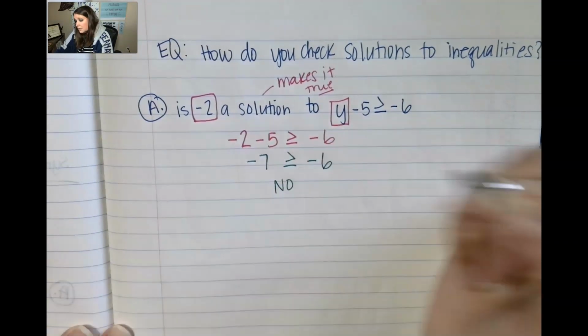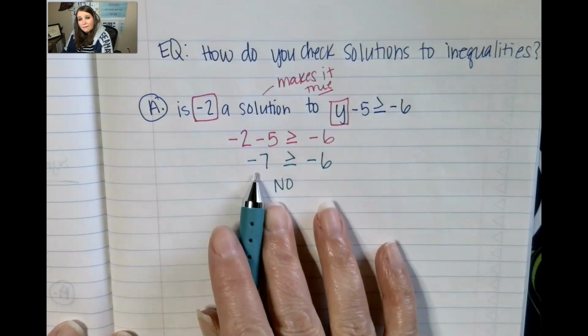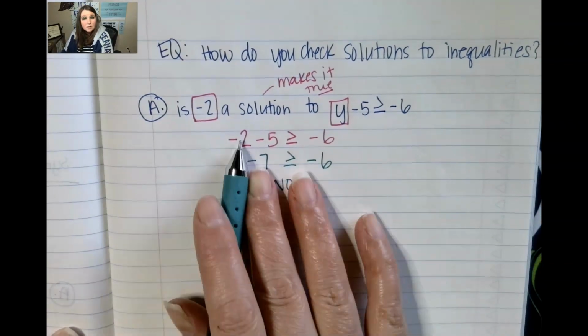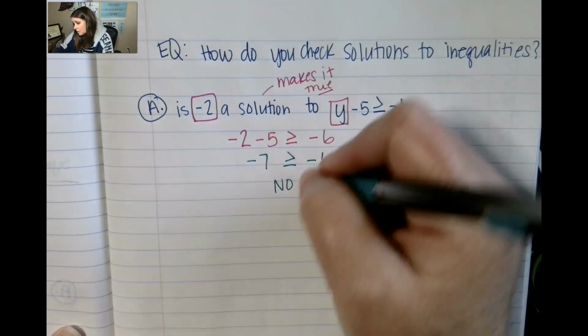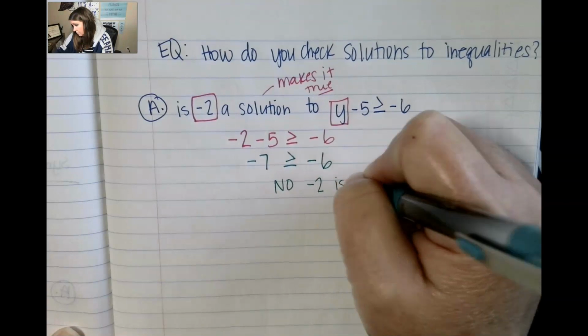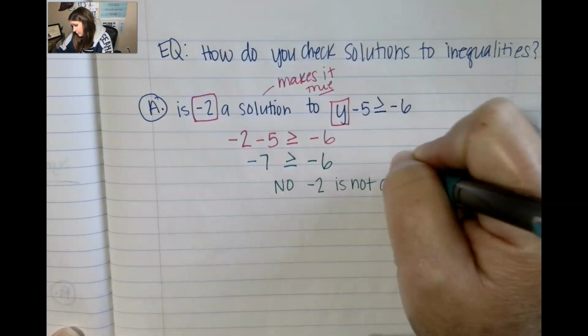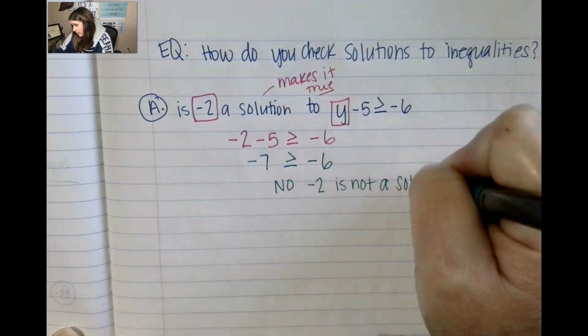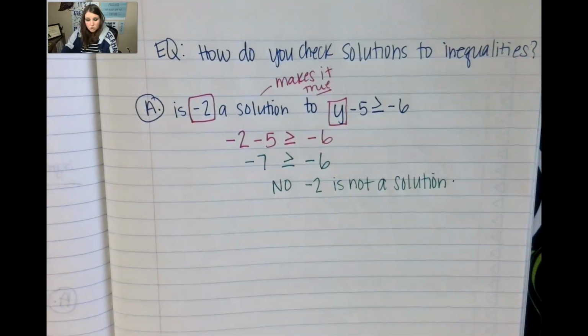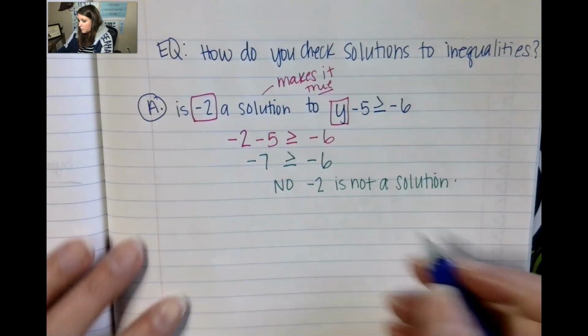No, this is not true. Negative 7 is further away from 0 than negative 6. So negative 2 is not a solution. So it did not make this true. Okay, let's try another example.